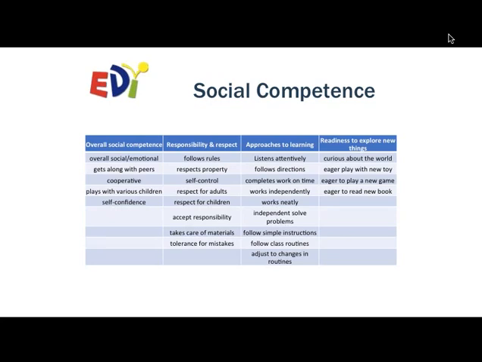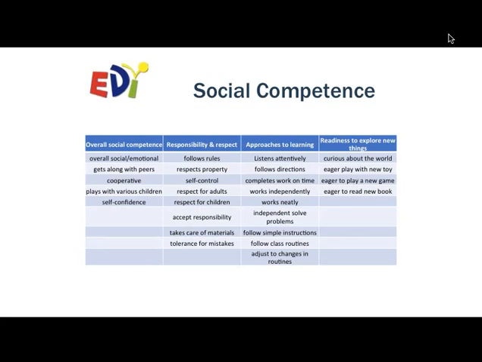Readiness to explore things is all about eagerness to do things, curiosity. And so, again, 4 different aspects of an overall scale. And if all you looked at was the overall vulnerability rate on social competence for your neighborhood or your school district, you wouldn't know if it was due to one or more of these different subscales.